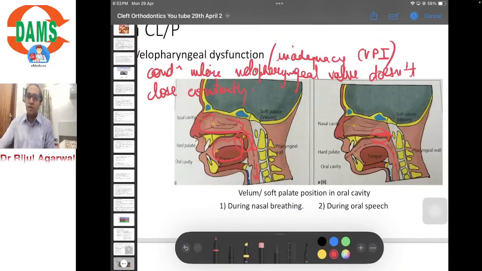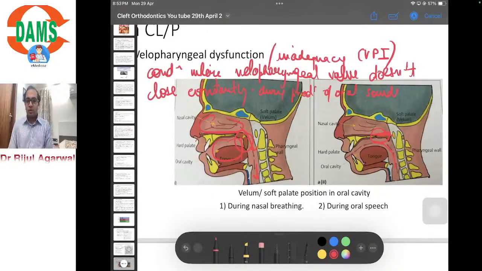It can be due to any reason; we will come to what the reasons are. If this valve does not close during the production of oral sounds, then it's known as velopharyngeal dysfunction or velopharyngeal inadequacy.